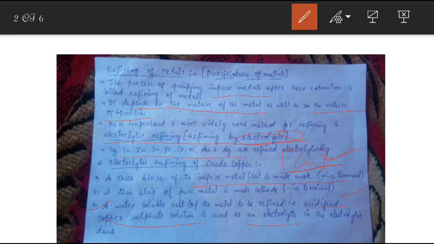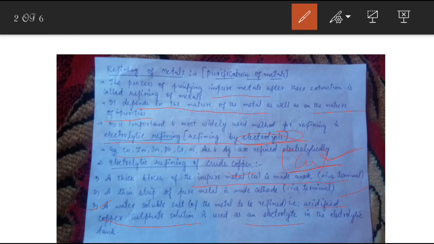What is an electrolyte? Electrolyte is the aqueous solution through which electricity can pass. So we need three substances for electrolytic refining of copper. We need an impure block of copper that we extracted in the last step.